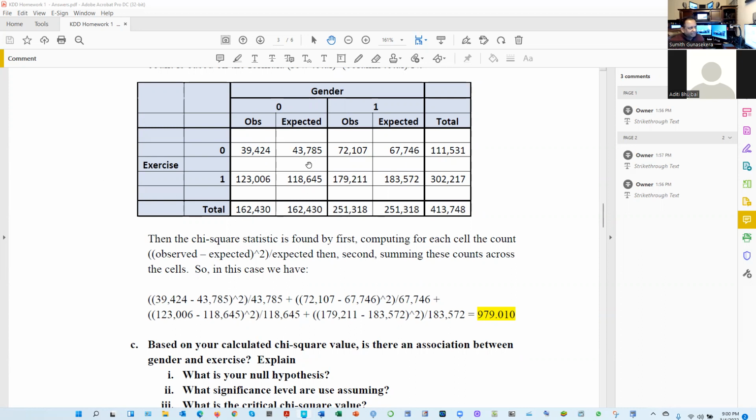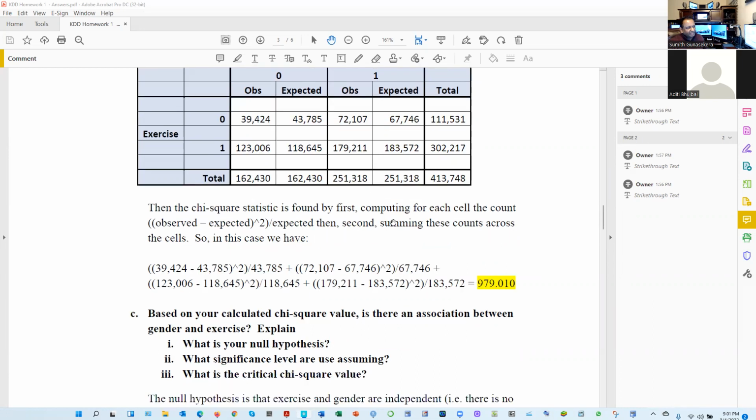If you add these two, you get 162,430, and the expected values also add to 162,430. They are called cells 1, 2, 3, 4; some people put A, B, C, D. Anyhow, the summation is the same. Then you get the difference between the two, called the error.